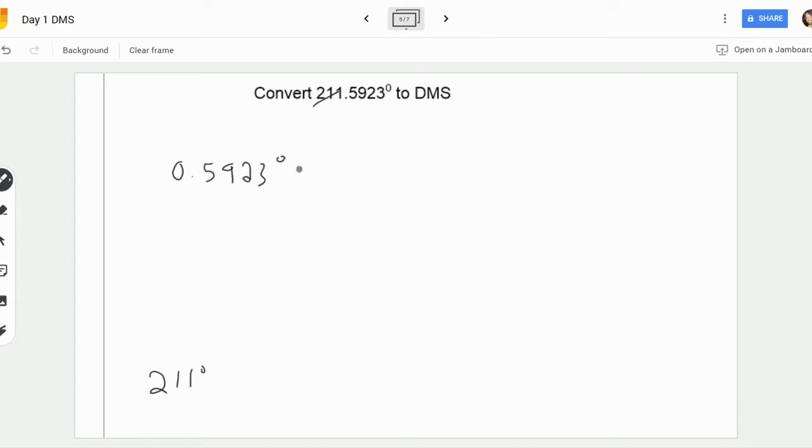0.5923 degrees. To convert from degrees to minutes, we need degrees on the bottom because we're canceling that out and changing it to minutes. So the conversion factor is there's 60 minutes in 1 degree or 1 hour.